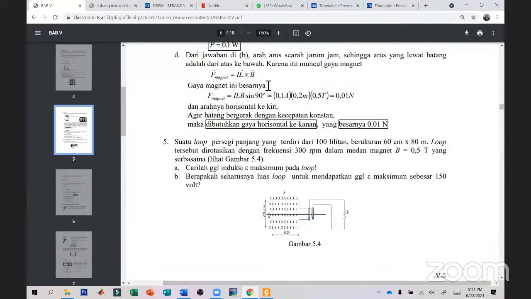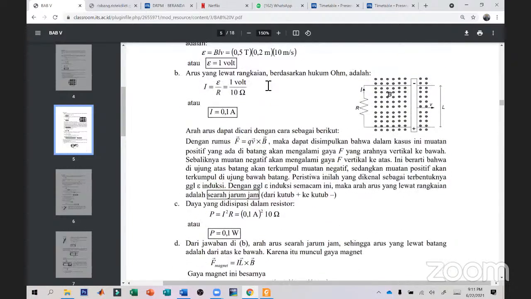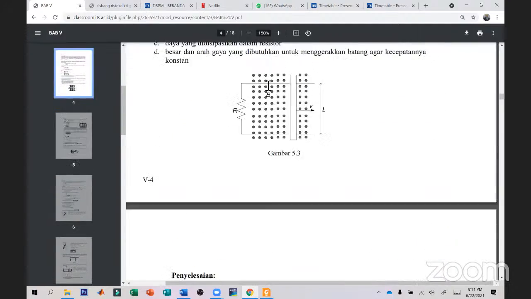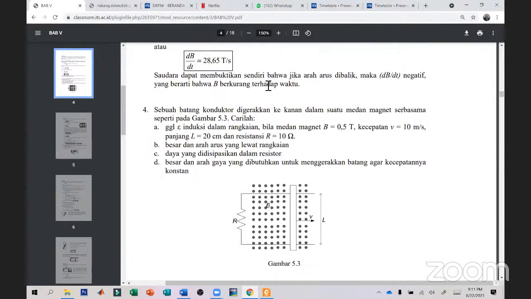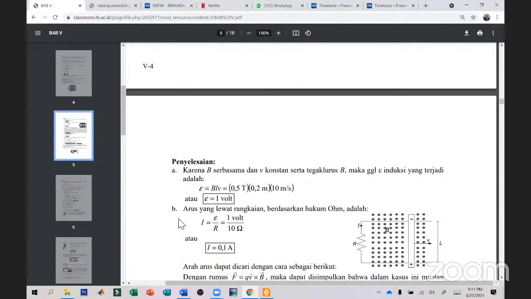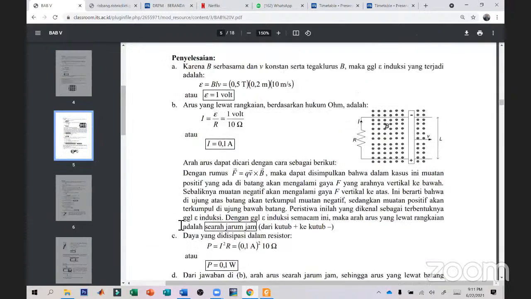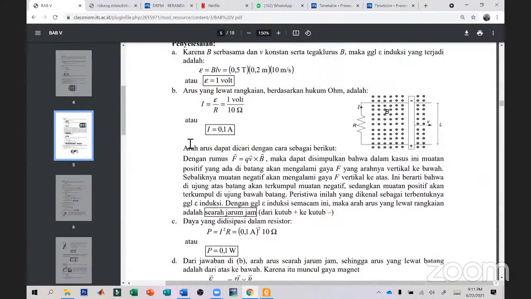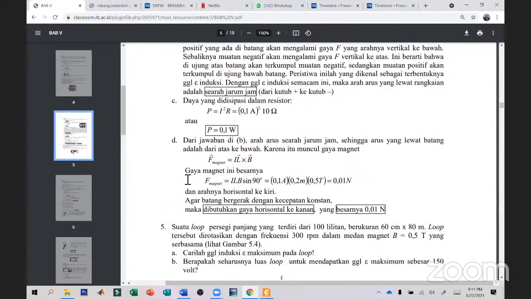So I think the problem in the final exam is like this problem, the complex one, for example, in number 4. Okay, and then I think it's very easy for number 4.